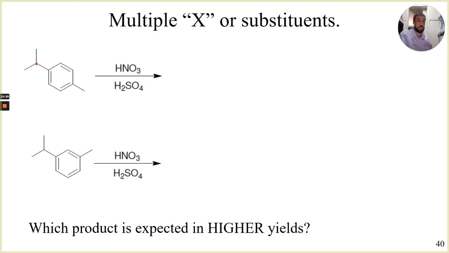The para for the top one is blocked by that methyl, so there's no hydrogen to substitute. So we'd label those as our ortho. For our other carbon, again, the para is blocked, so we get all 4 being potential reactive sites. We could eliminate 2 of them because of symmetry through the molecule.